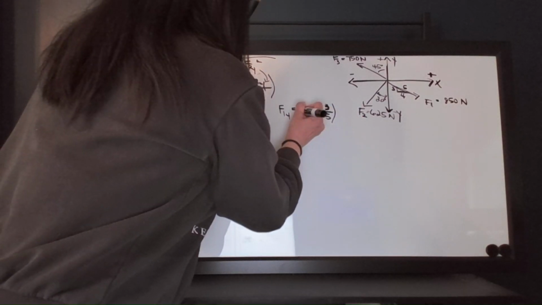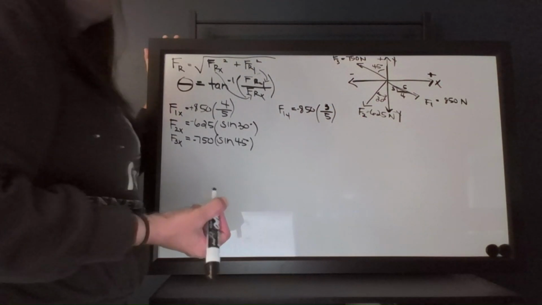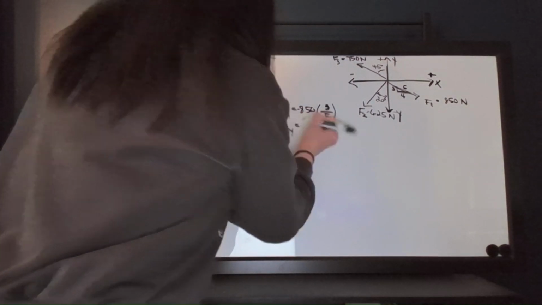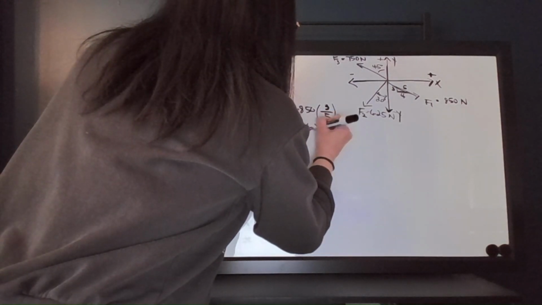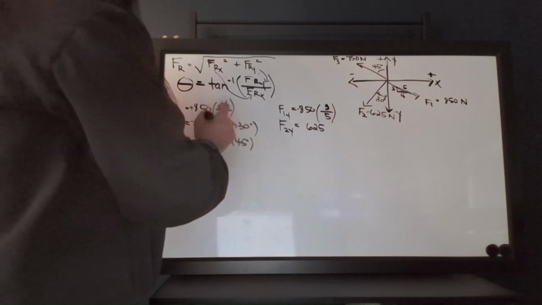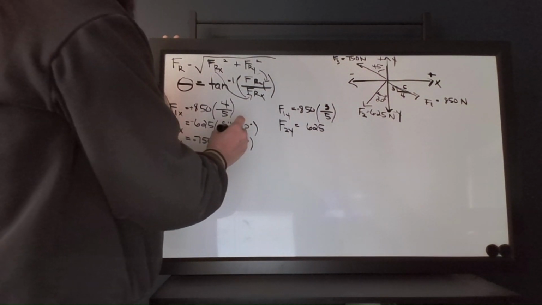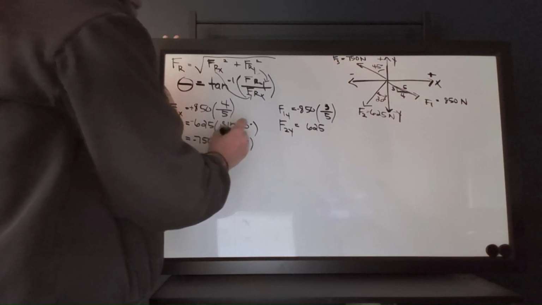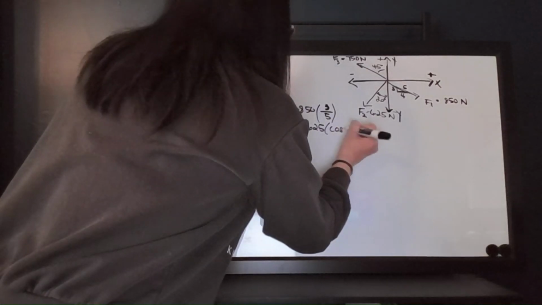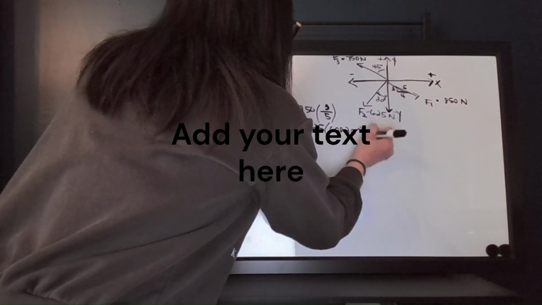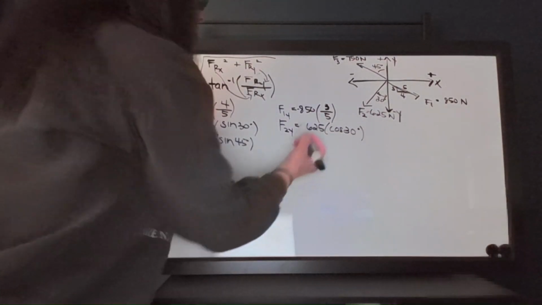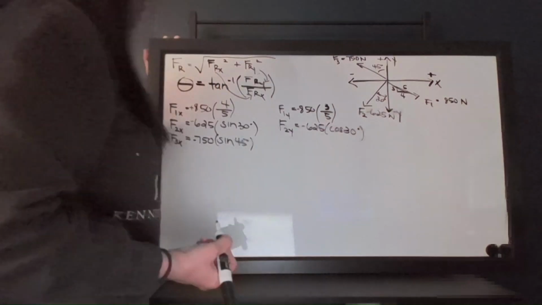So we're going to make this a negative. Now, F2y is going to be 625. We had sine 30 in the x component, but in the y component, we're going to do cosine 30, and it's in the negative y direction, so we're going to do negative here.